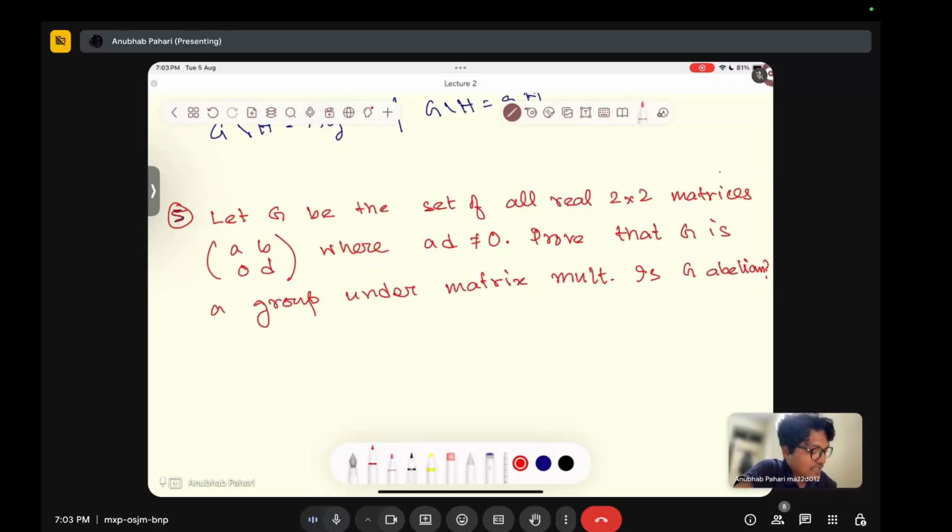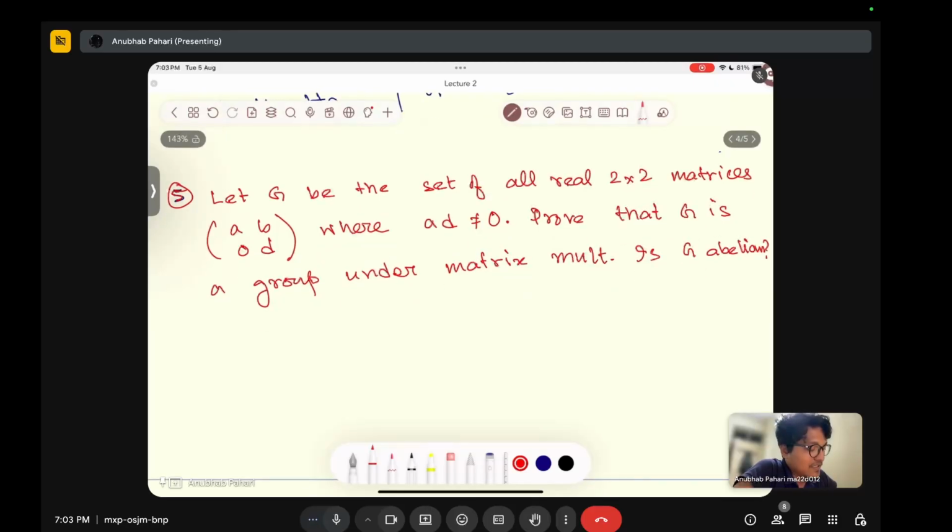The only problem is to show whether it is abelian or not.